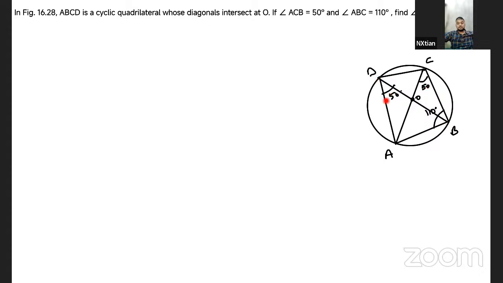So these two angles will be equal. So this is 50 degrees, this is 50 degrees. Understood, Anna? If the same chord creates an angle on the circumference and creates another angle on the circumference, these two angles are equal. Okay. Yes, next one, please.